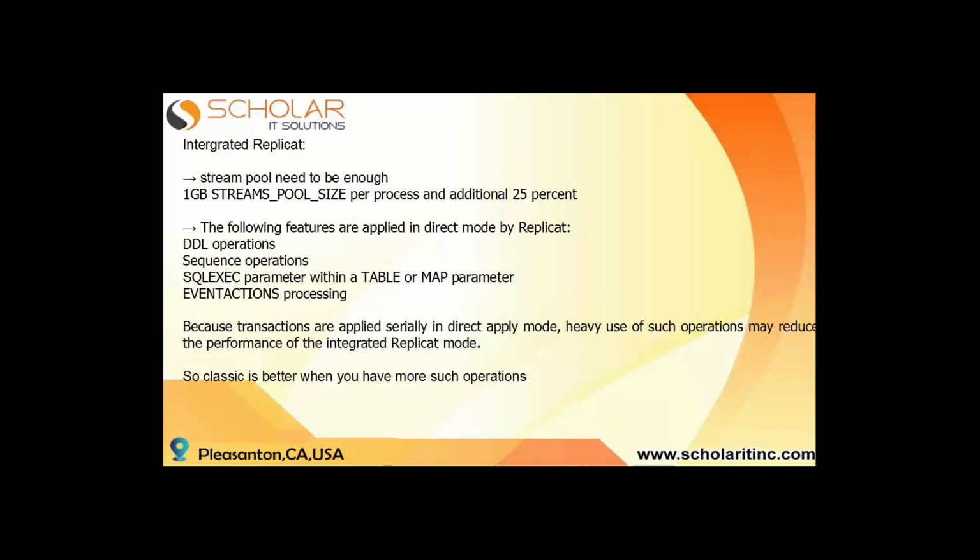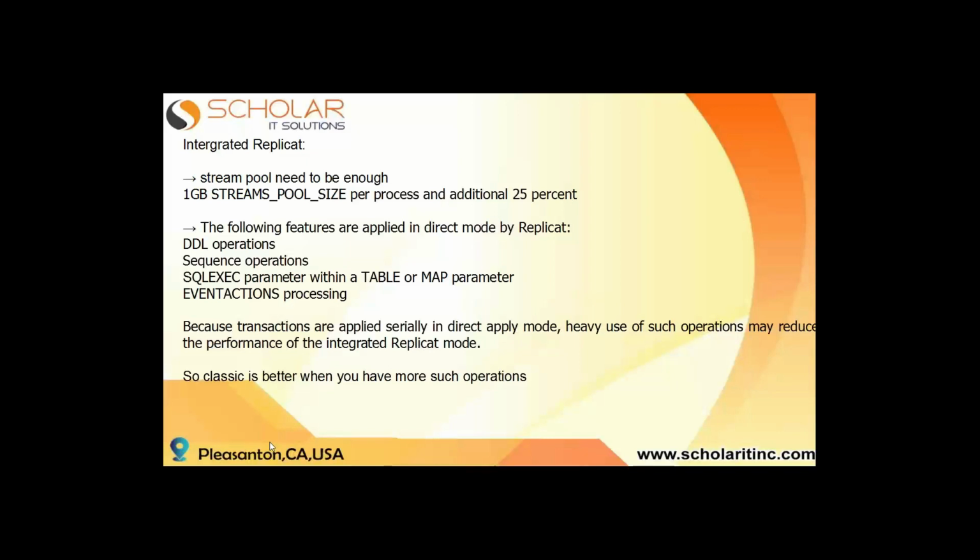Integrated is internally doing what we call Oracle Streams, right? So those of you who know Streams well can play with integrated well. The standard is to have 1 GB for each integrated process, be it extract or replicate, plus 25%.